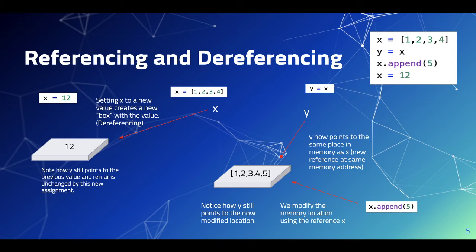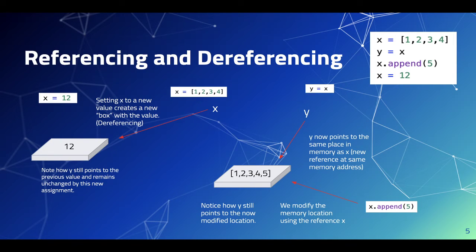So when we do x is equal to 12, setting x to a new value creates a new box, right? It's not changing the value of that reference. So when we say x is equal to 12, we're dereferencing x from 1, 2, 3, 4, 5, the location that contains 1, 2, 3, 4, 5, and we're referencing it to a different box that contains 12.